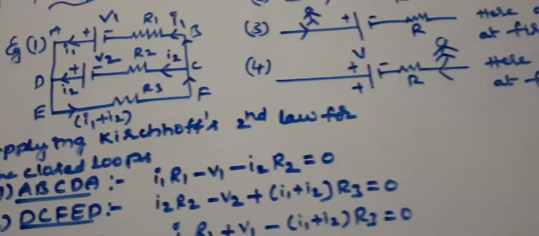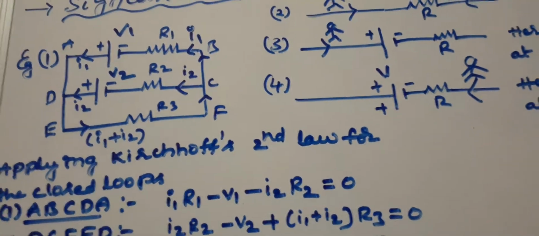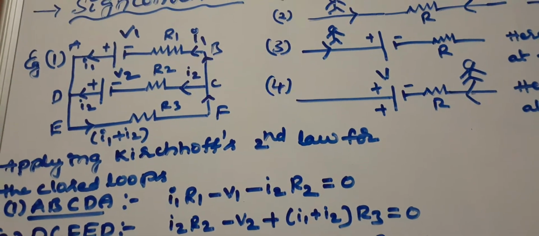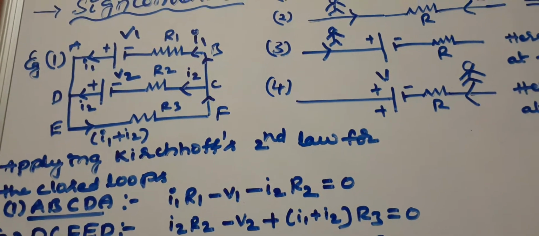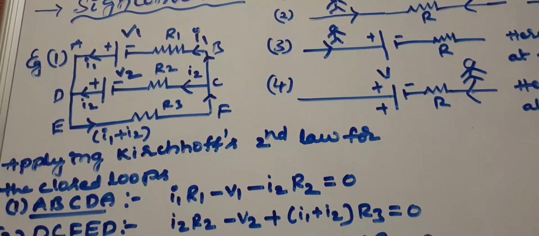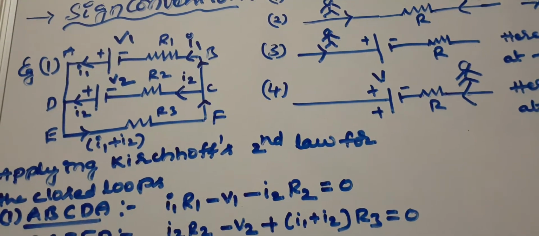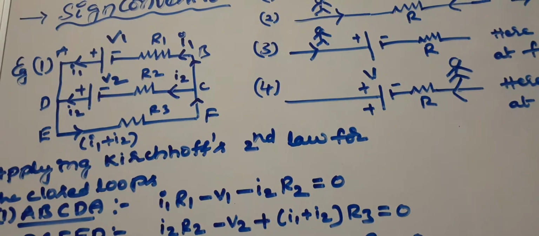So now we are taking one example, students. Here we have a closed circuit with points A, B, C, D, E, F. In the arm AB there is a cell of EMF V1 and resistance R1, and you can see the current direction I1.